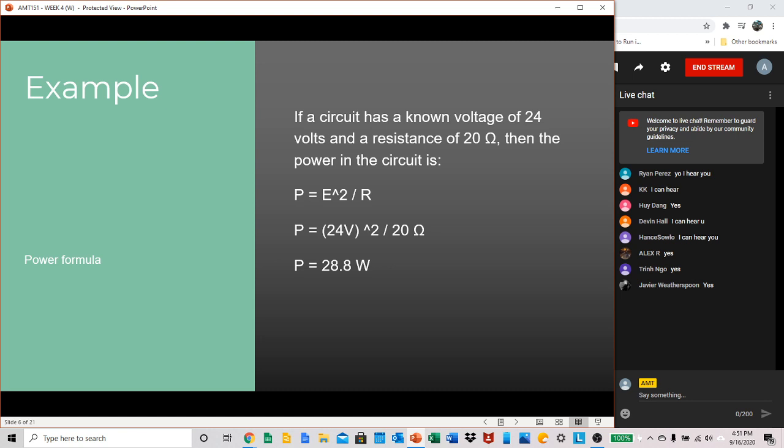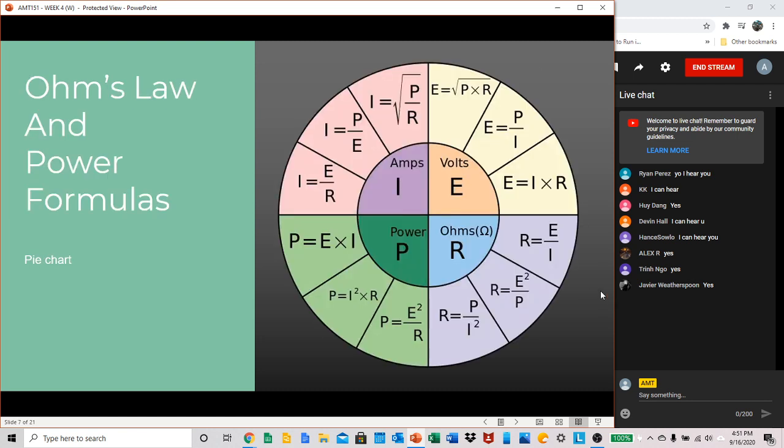Okay, so you're going to see that there are multiple ways that you can use the power formula. So here is an example, Ohm's law and power formulas in a pie chart. So what this is telling you is, let's say you're looking for power, okay? So here we have one of the power formulas, power equals voltage times current.